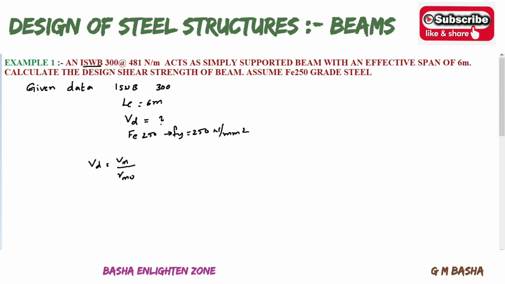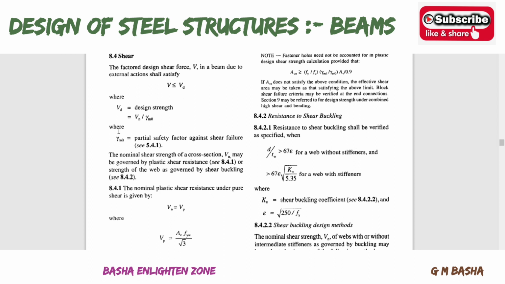Gamma m naught is the partial safety factor against shear failure. We can see that value in 5.4.1. I will check that later.